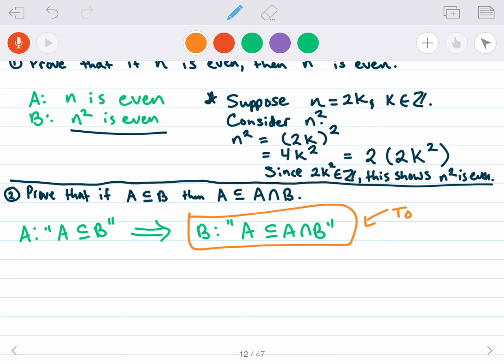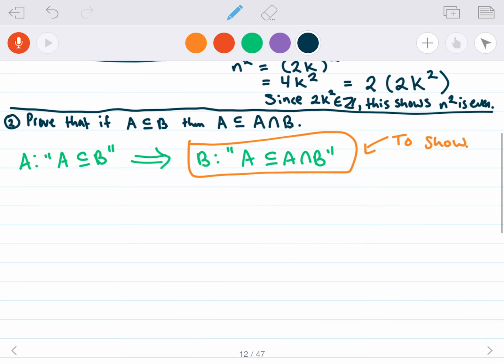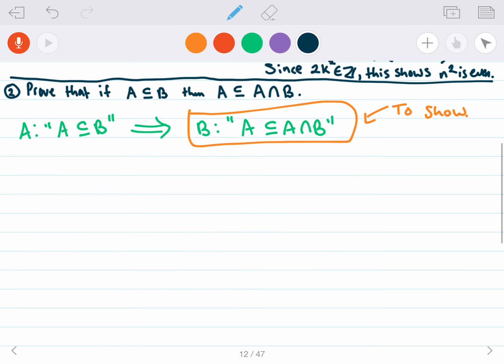to show. And you know what? When you're first doing this stuff, you should really write all of this out. And I'm going to be better about this starting now. So let's go ahead and do this the old-fashioned way until we really get a feel for this. Okay, so to show, I like to write that whenever I'm trying to prove stuff.